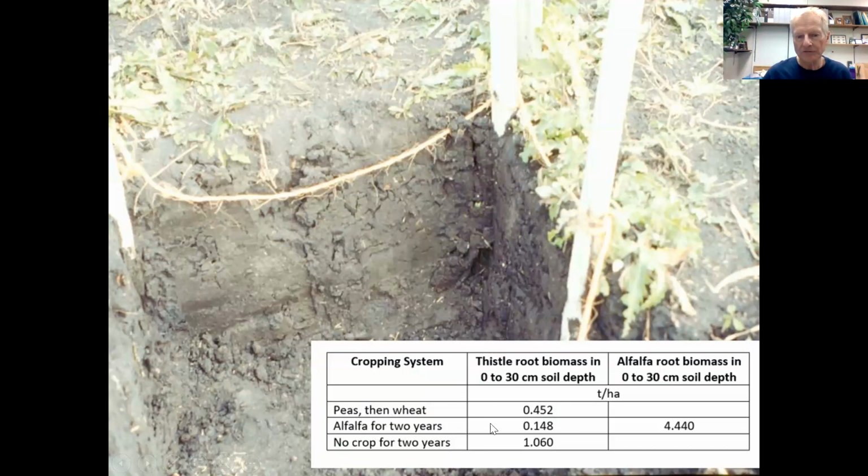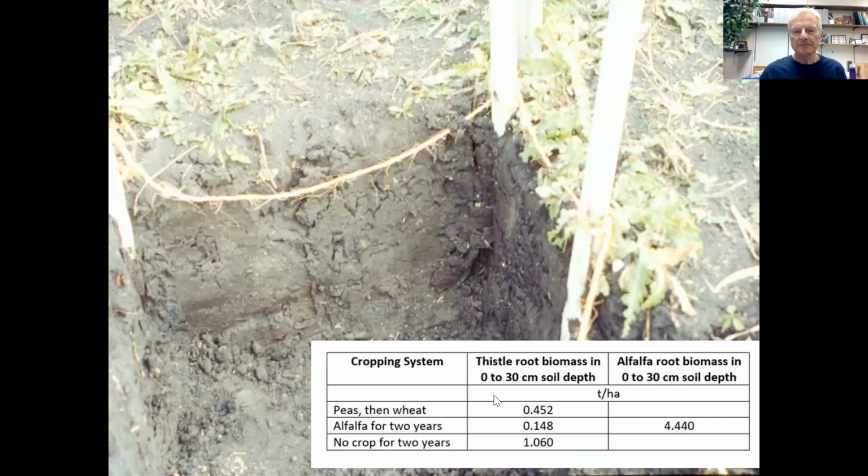Where we had alfalfa for 2 years, we had 0.15. We had 75% less thistle roots. And where we grew no crop, we had 1 ton. So by growing crops, we reduce the thistles by half, but by growing forages, we reduce it by about 85% compared to doing nothing. And the alfalfa roots were about 4.4 tons in that same zone.